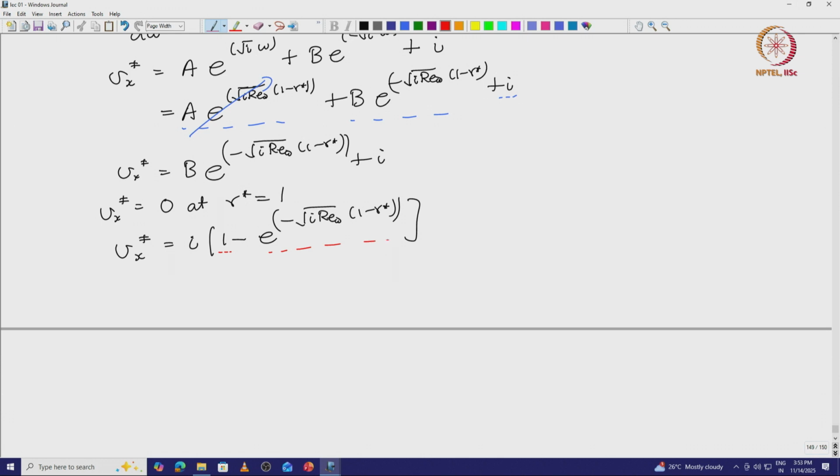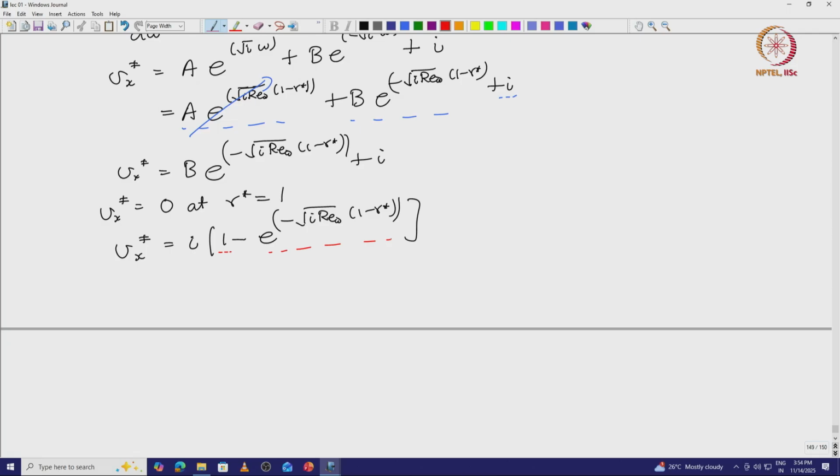The second part is the correction close to the wall due to viscous diffusion from the wall. This term is included so that you get a converged solution in the limit as Re omega becomes large.